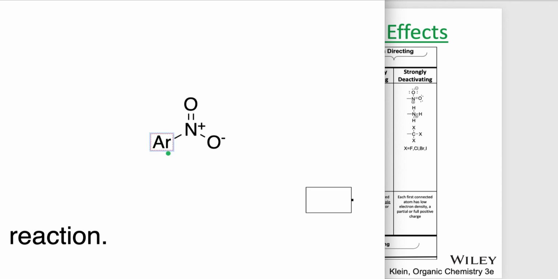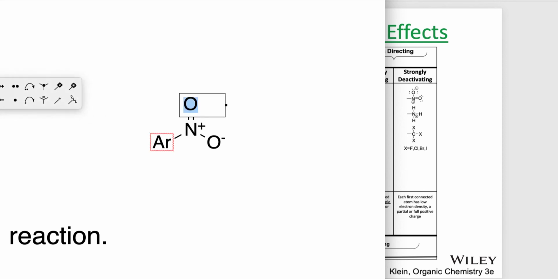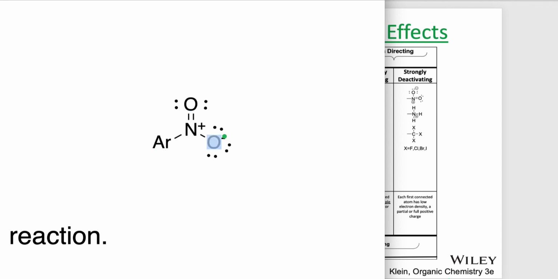This is an abbreviation placeholder for the aromatic group, but you have to understand that there are electron pairs associated in here. Let me grab this tool correctly. So we have 2 electron pairs here, we have 3 electron pairs here, and the charge on nitrogen is going to stay that way.